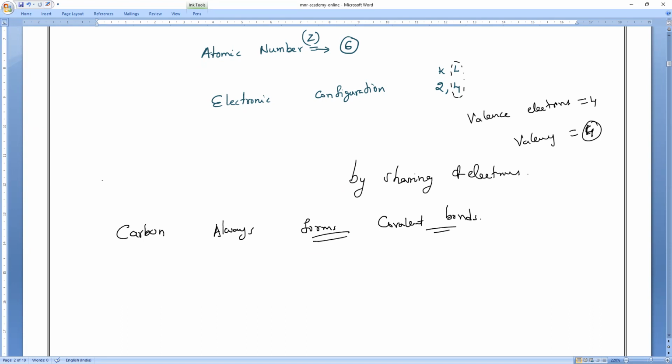Write it: a carbon atom can achieve the inert gas electron configuration, the nearest electron arrangement, only by sharing of electrons.